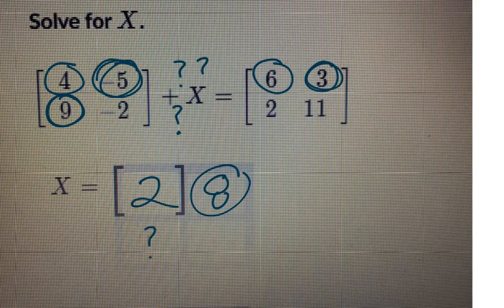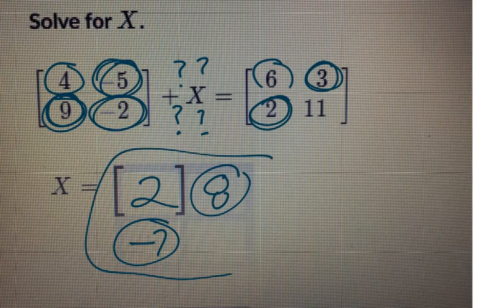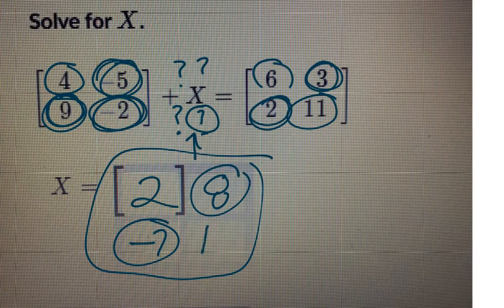That's what's going to be right here, by the way. 9 plus what's going to give me a 2? Well, that's negative 7. Isn't negative 7 and 9 2? 9 minus 7 is 2. Finally, negative 2 plus what in here? Remember, this is the what that's going right there. So negative 2 plus what there is going to be 11. Well, that's 13, right? Isn't 13 minus 2 11?